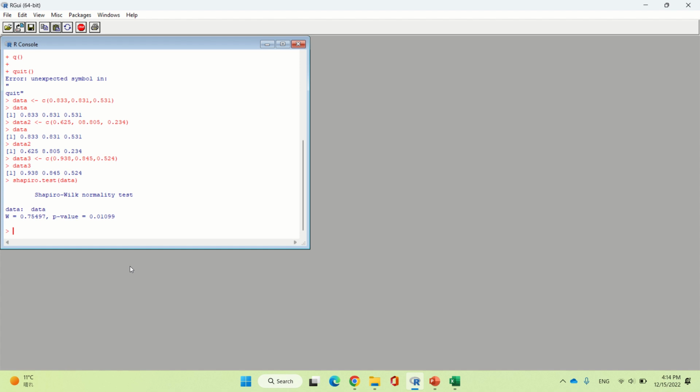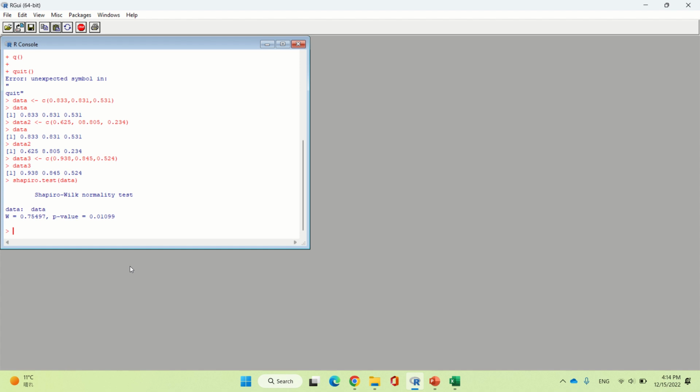So it is not good, but the Shapiro-Wilk test is just a confirmation. If you want to, you can do this Shapiro-Wilk test, but you do not always need to. Among these three sets of data, the normal distribution has been changed.